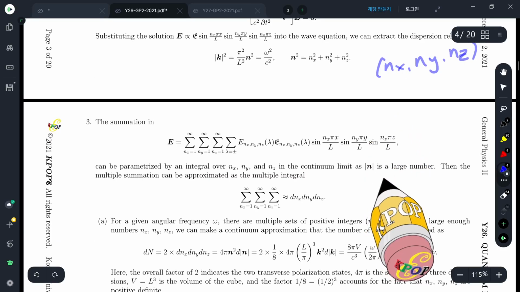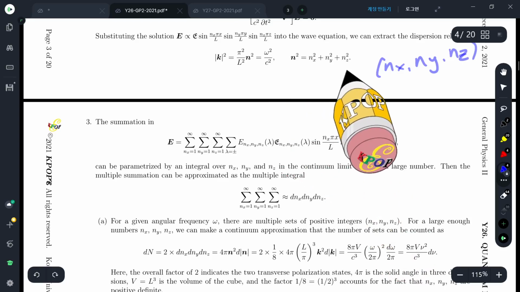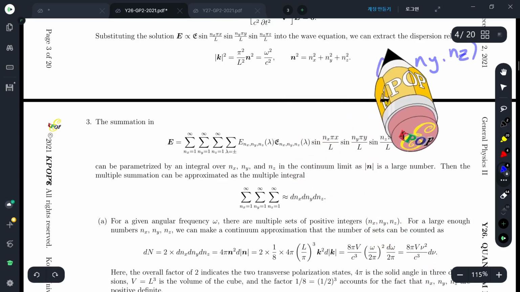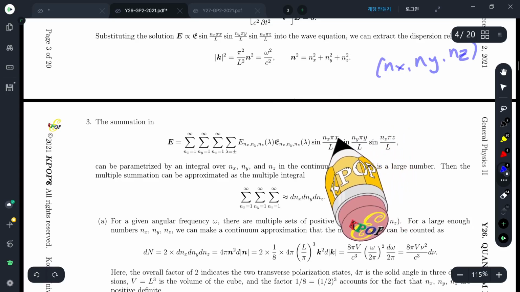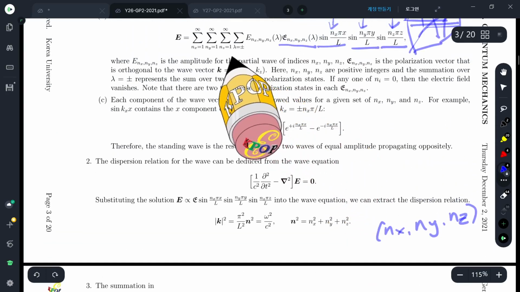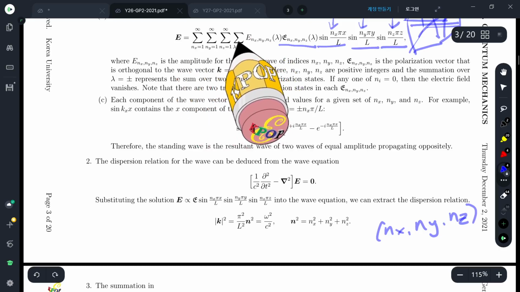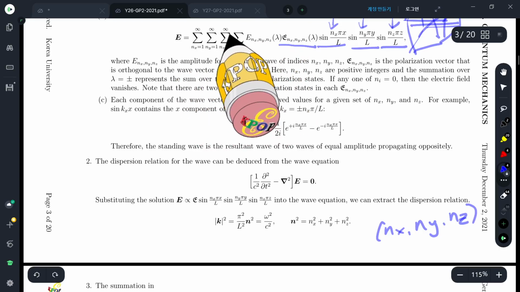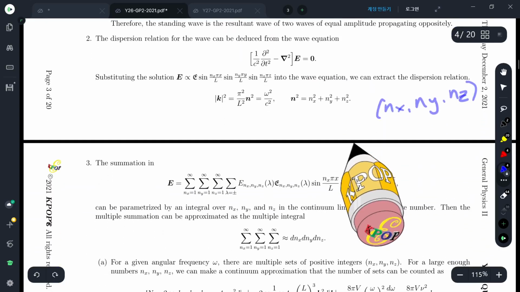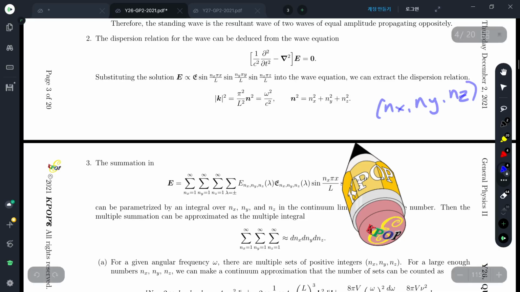So we make some trick to compute this when n is very large, because there is no limit of n. We need to sum over everything and sum over the two polarization states of the photons. Not here in Maxwell's theory; there is no photon at all, just the electromagnetic field.